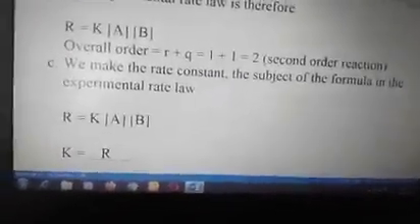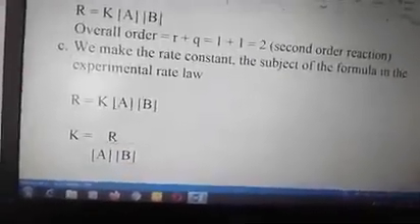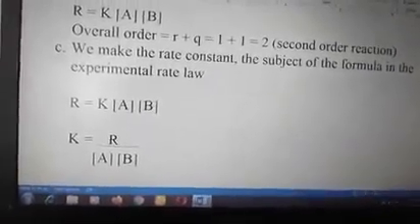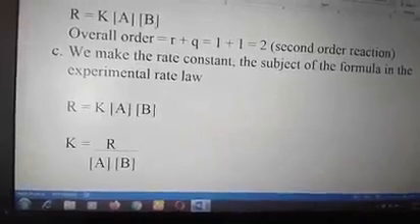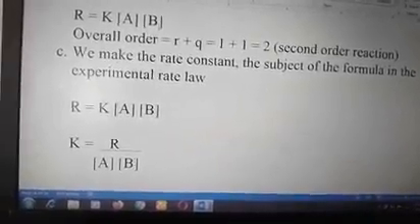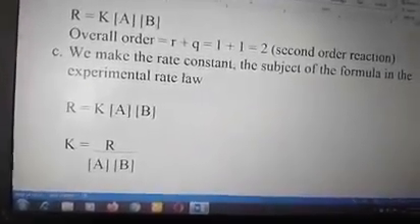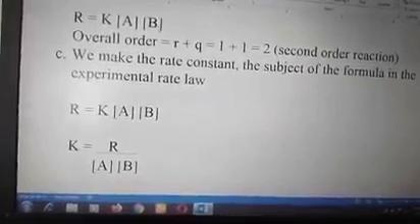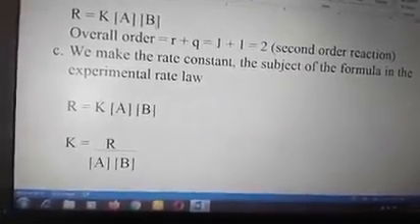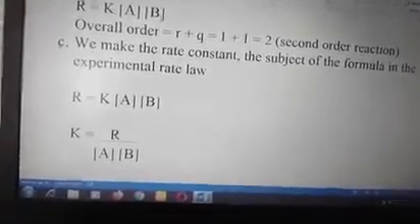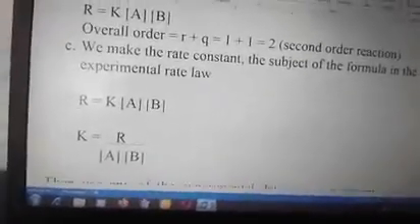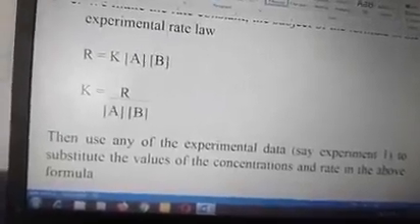So our experimental rate law, R equal to K multiplied by concentration of A, then concentration of B. We recall that the concentration of A is raised to power 1. That is, the reaction is first order with respect to A and first order with respect to B. So we'll make K the subject of the formula by dividing both sides by concentration of A and B. So K becomes R all over A concentration multiplied by B concentration.